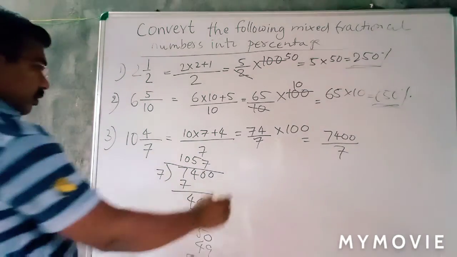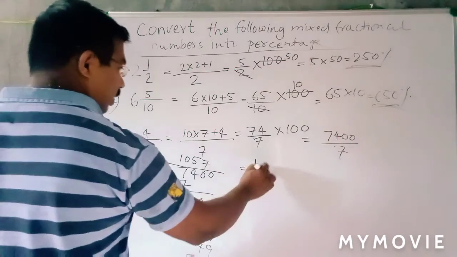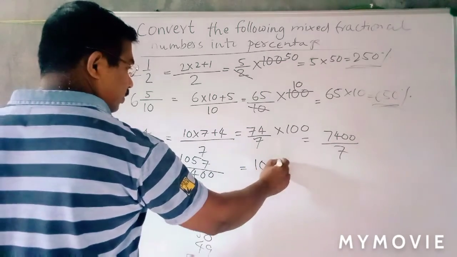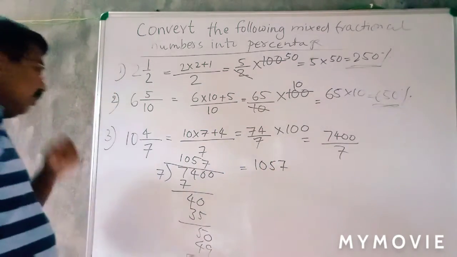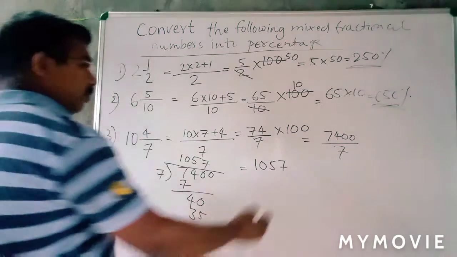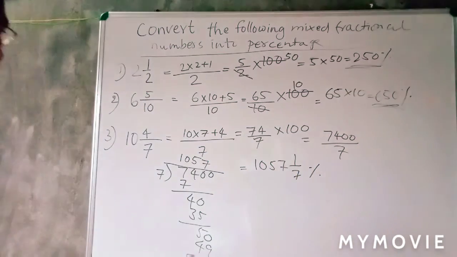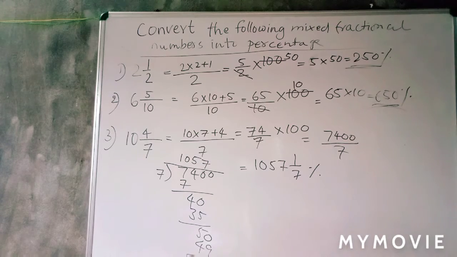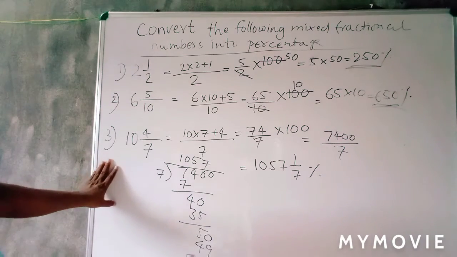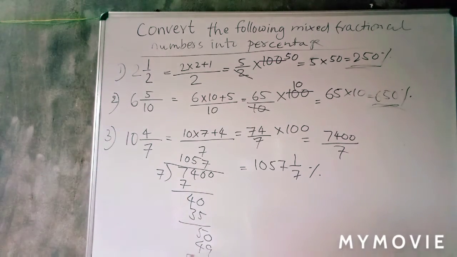We get the answer 1057 1 by 7%. In this way we can change the mixed fraction numbers into percentage.